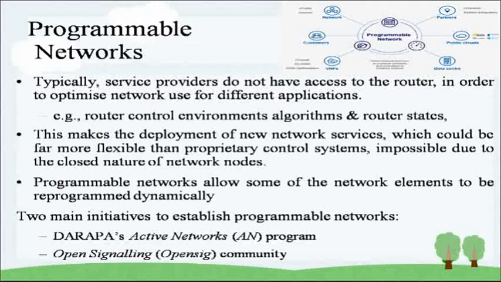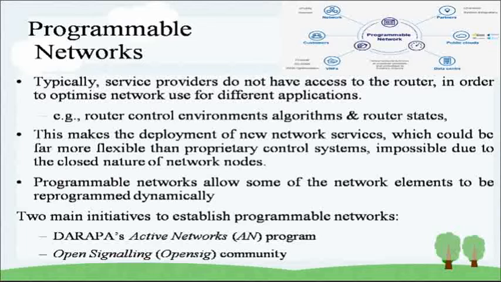So programmable networks allow some of the network elements to be reprogrammed dynamically. This is happening with the help of injecting executable code that could support application specific services into network elements such as routers and switches.